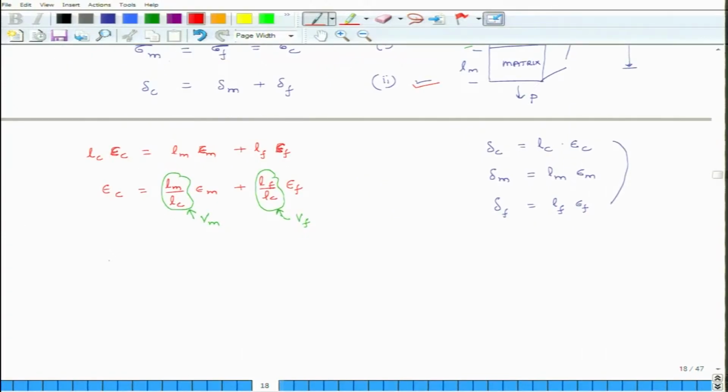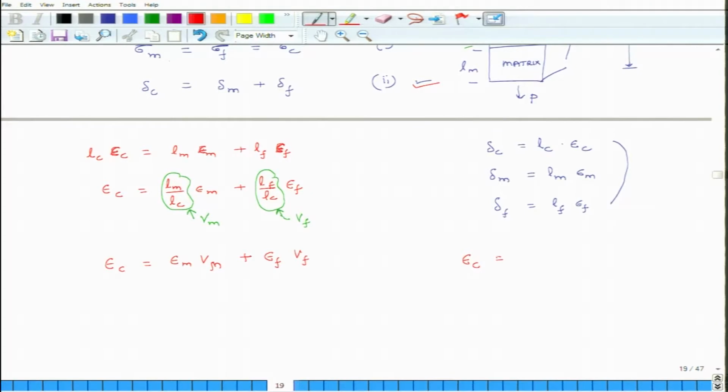So epsilon c equals epsilon m Vm plus epsilon f Vf.